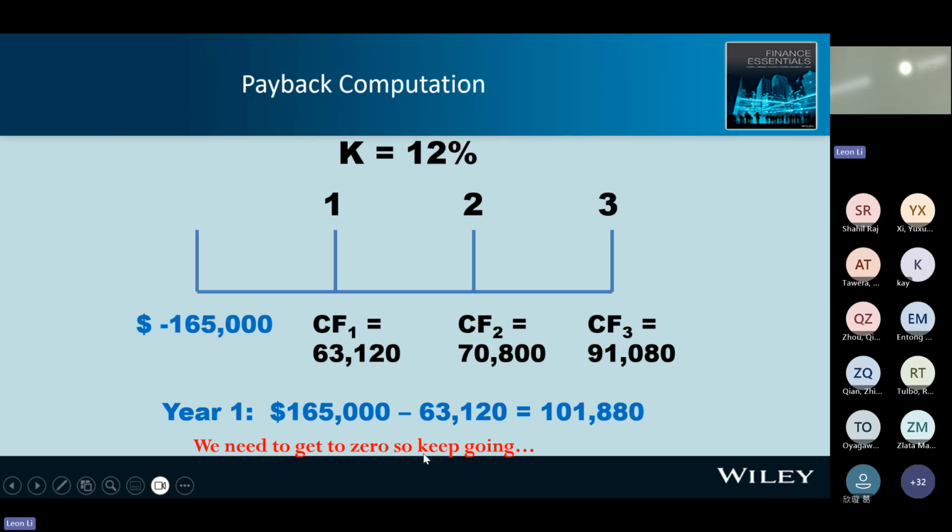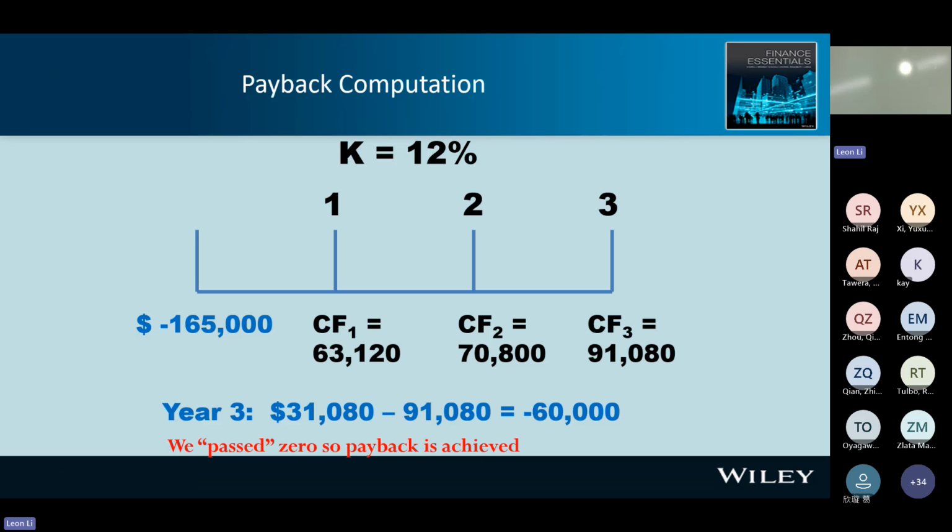So keep going. Then this number minus CF2, and you can see this number is still positive, so we need to keep going. Then the number minus CF3, and you can see we pass 0. That means we reach the payback. So for this project, the payback is year 3.